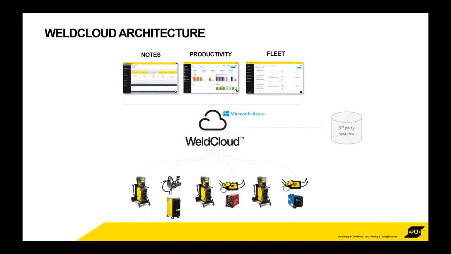On top of that, we create different types of applications. Today, as you see, we have 3 different applications: Notes, Productivity, and Fleet, as I mentioned before. We can of course also connect to third-party systems like our customers' ERP or MES systems to access data in WeldCloud.